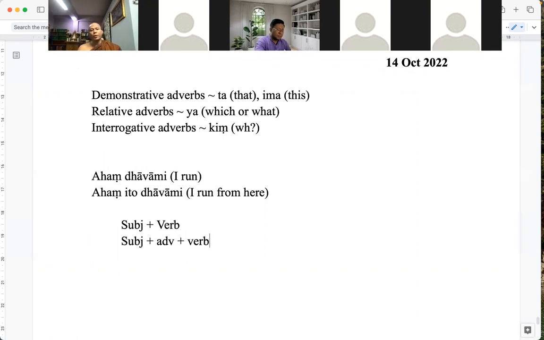Okay, so in this way we get the basic sentence pattern in Pali. But the adverb is commonly before the verb, but sometimes at the beginning of a sentence also we can put. So the position of the adverb is not so fixed, but basically, commonly.